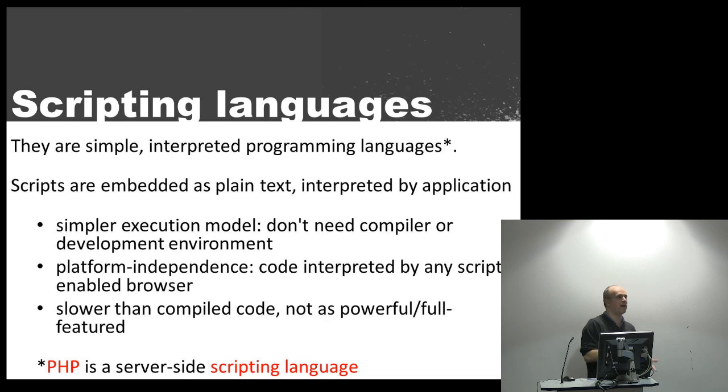So usually compiled languages are much faster because all the hard work of converting your code into something which can be understood by the machine is done before execution. If you have an interpreted language, it's at the moment that it's reading the line that it's converting it into a code that the machine can understand.